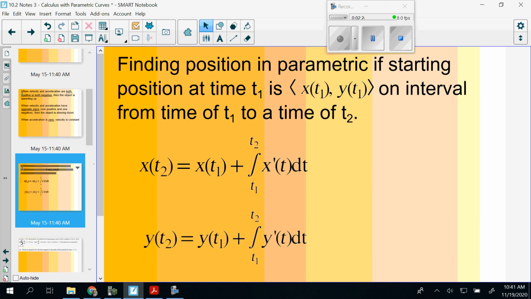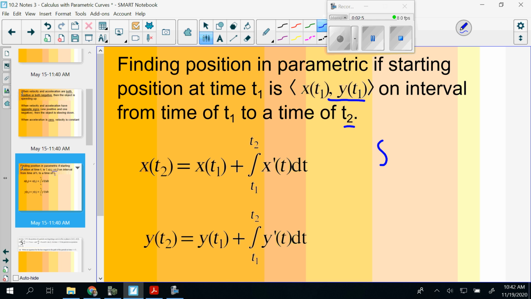One last thing to know before we attempt some of these problems, you can find the position of a parametric if the starting position at time t1 is shown as this, and you want to find where it is at time t2. We can do that by using the fundamental theorem of calculus, kind of that twist on it.